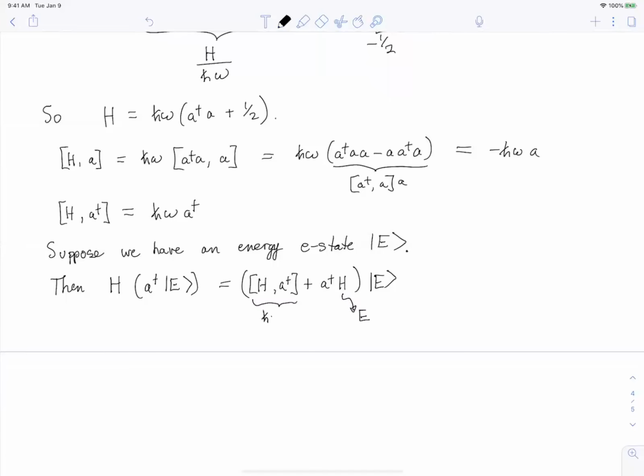That's h bar omega A dagger. And so this is equal to the energy eigenvalue plus h bar omega, times A dagger E again.